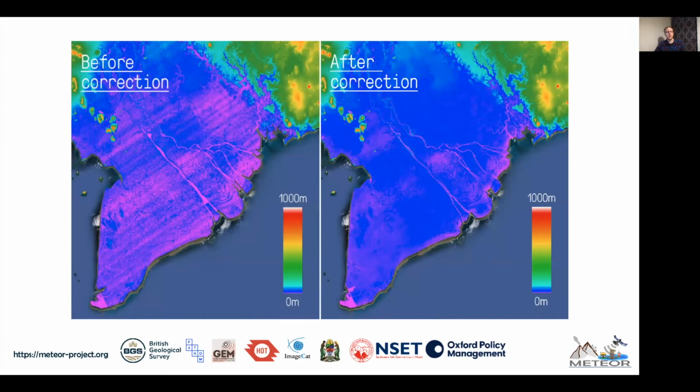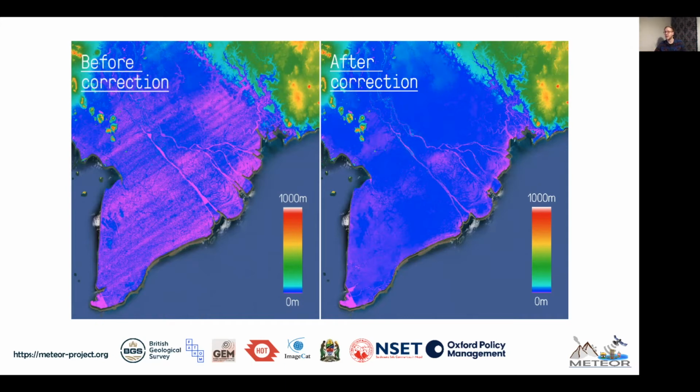This slide here shows you quite how significant these improvements can be. So this is the Mekong Delta that we're looking at here. And on the left-hand side, you can see the raw, uncorrected SRTM data. So this is the data as it were collected by the shuttle itself. And on the right, you can see the processed MERIT terrain data.